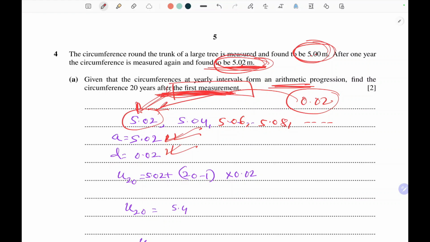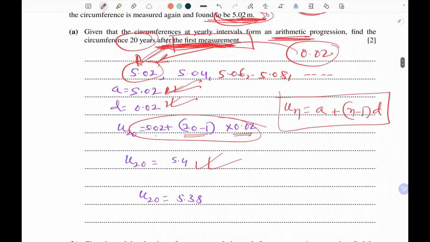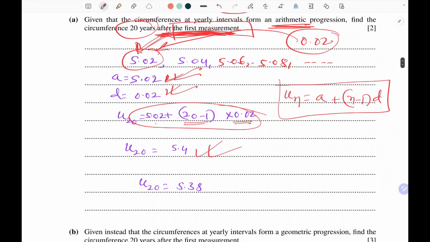You know that un is a plus n minus 1 d. So for u20, a is 5.02, n is 20 minus 1, and d is 0.02. Just calculate, you will get 5.4. So U20 is 5.38, which is about 5.4.